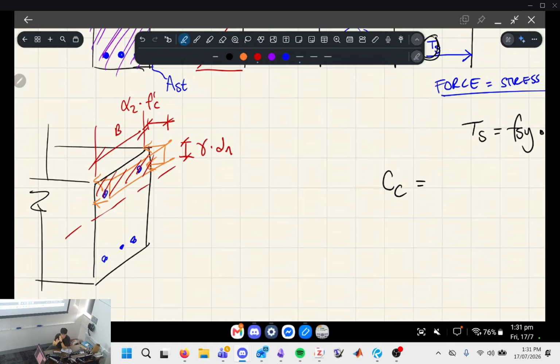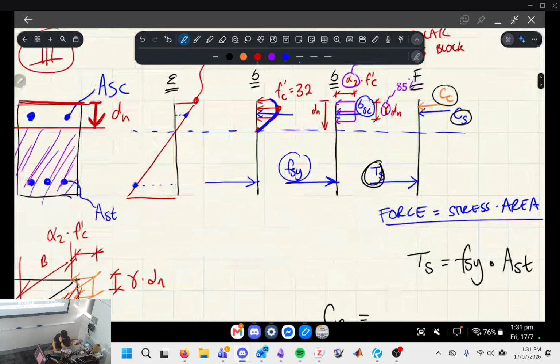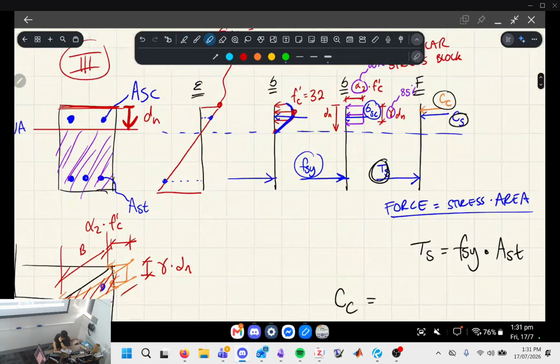So we want the overall force due to this stress block, so we need this area, and we're going to multiply all of these together. Let me highlight it in case this makes no sense. In green over here is this one, in yellow is this one, and the one that you can't see on this 2D representation, let's do it in purple, is B. B is the dimension going that way.